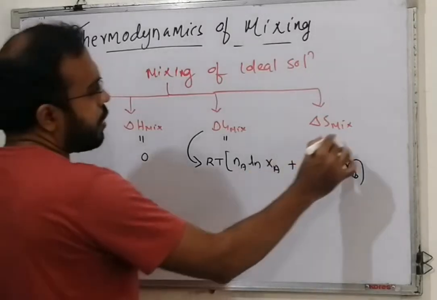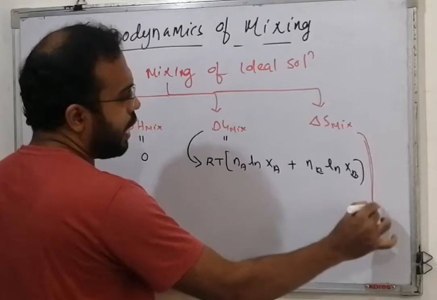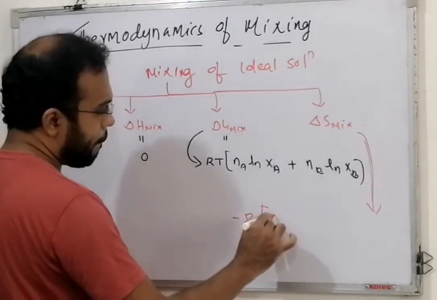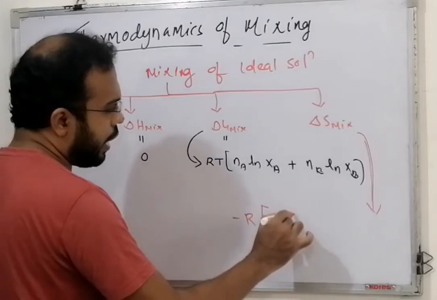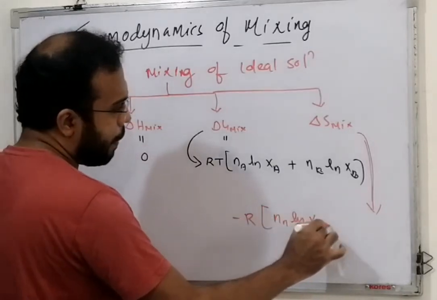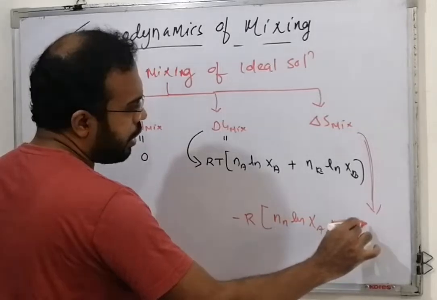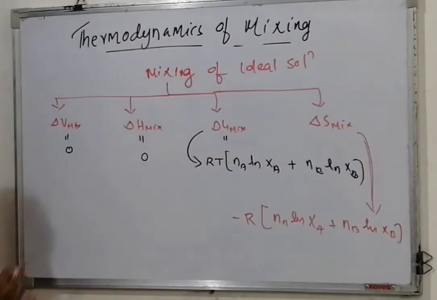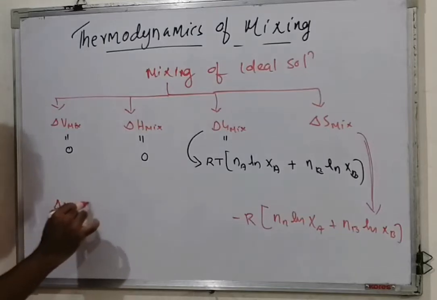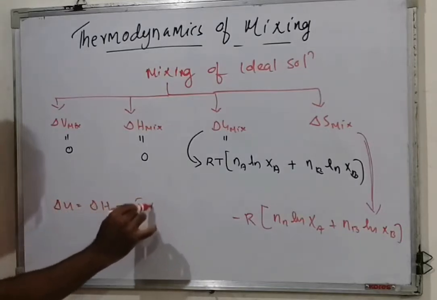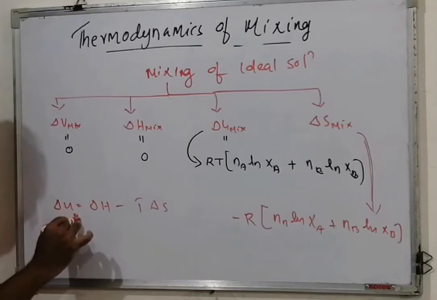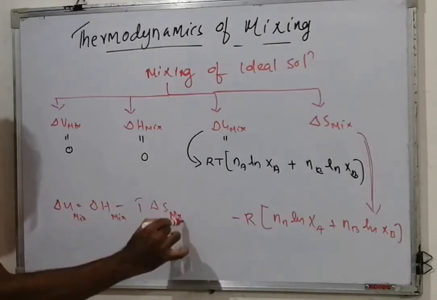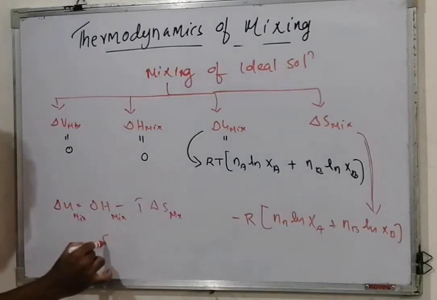Delta S mixing is minus R (NA ln XA plus NB ln XB). You know why? We know delta G is equal to delta H minus T delta S mixing. Therefore, this term is 0.